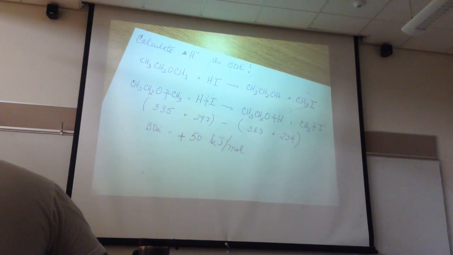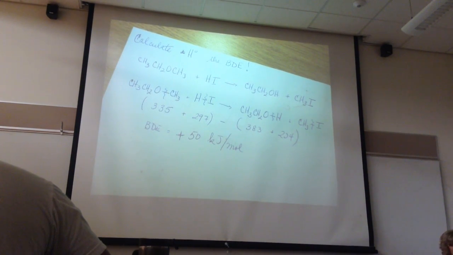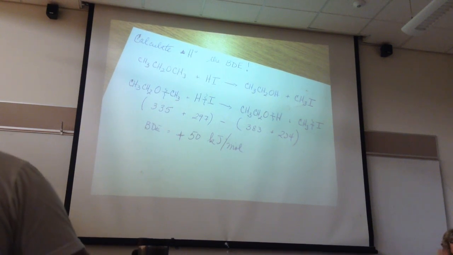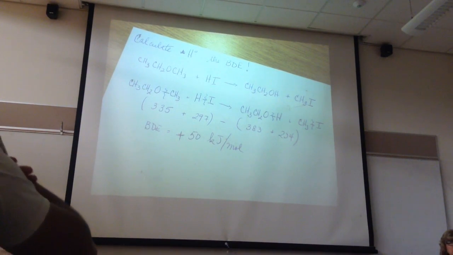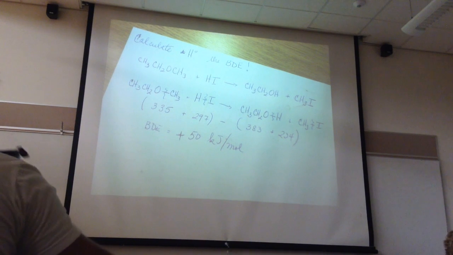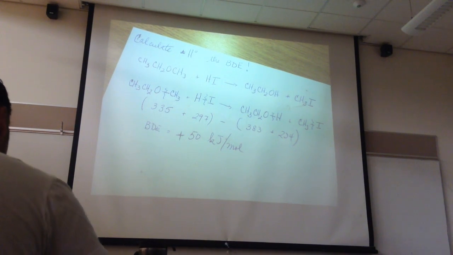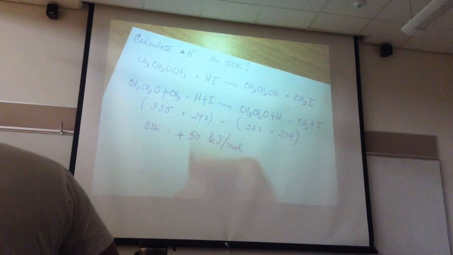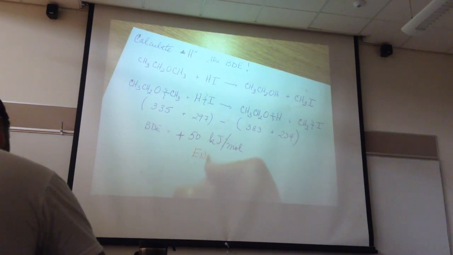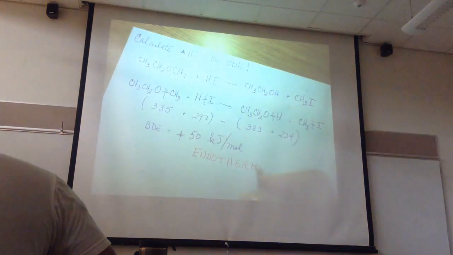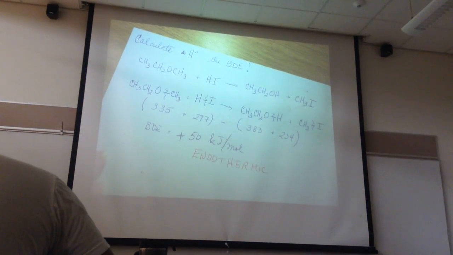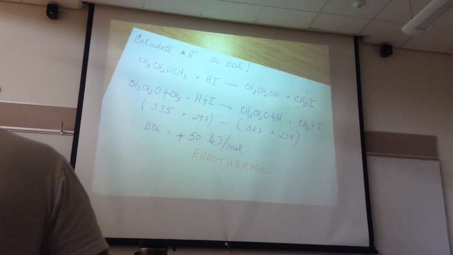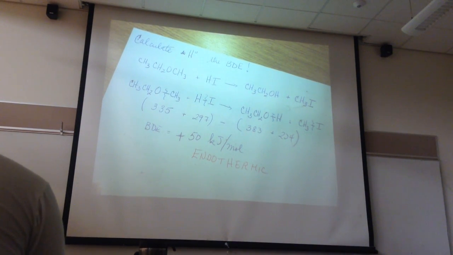So a plus 50 kilojoules per mole is saying that the reaction is, what are we going to say? It's endothermic. You're going to say that the reaction is endothermic. And this is the stretch that we use: delta G equals delta H minus T delta S, right?